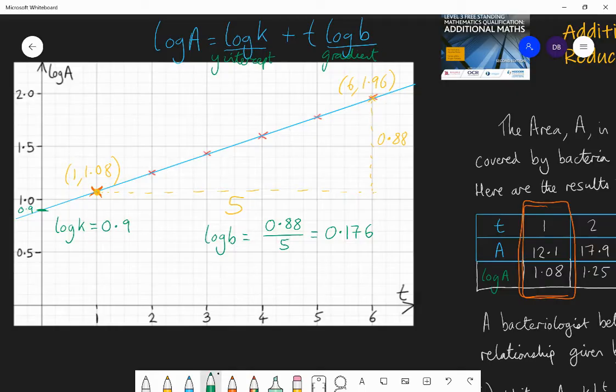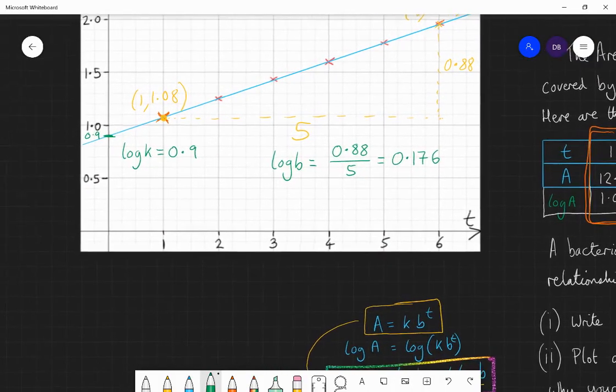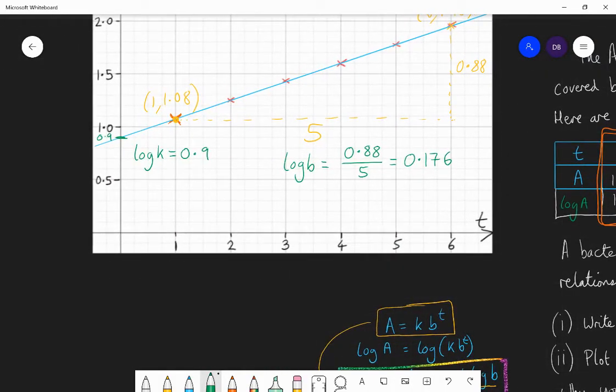Okay, so we have log K and we have log B. Hence, we need to find K and B. Okay, so let's work with our logs. If we know that log K is equal to 0.9, that means log base 10 of K is 0.9. That means that K will equal 10 to the power of 0.9, which is 7.94.